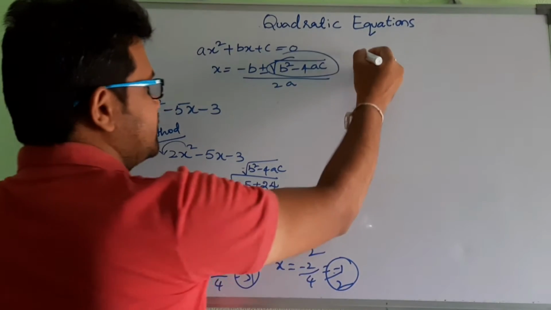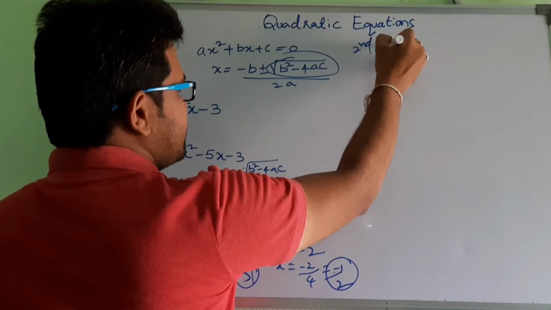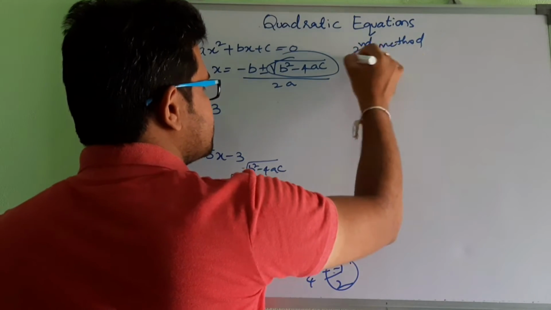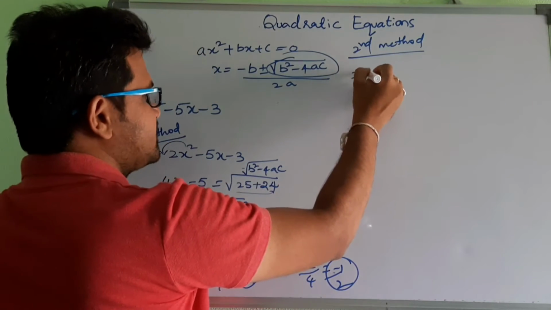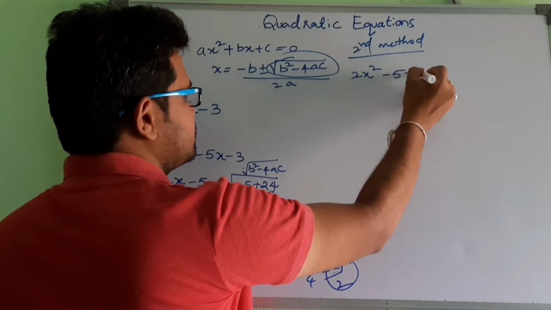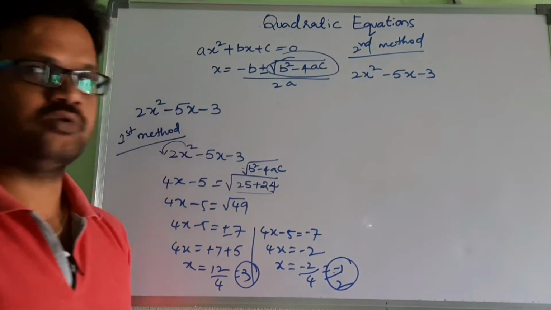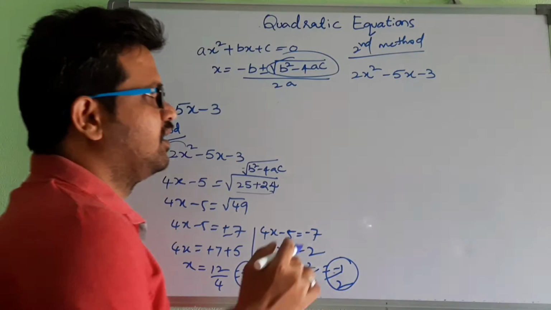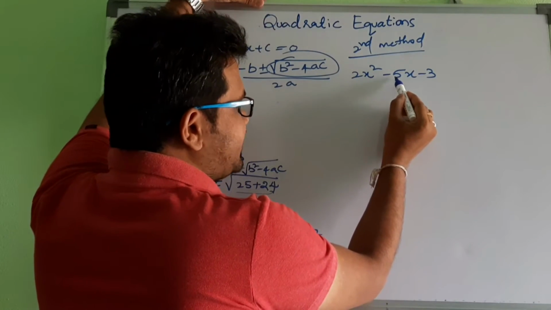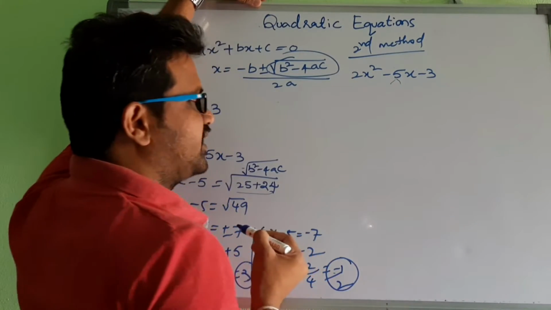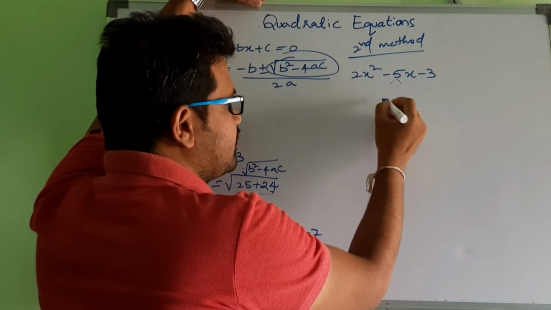Or another one is the second method. Simple: 2x² - 5x - 3. We have to split the middle value, which is -5. How to split that?